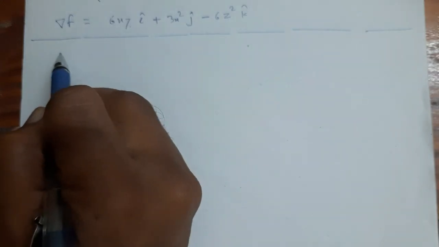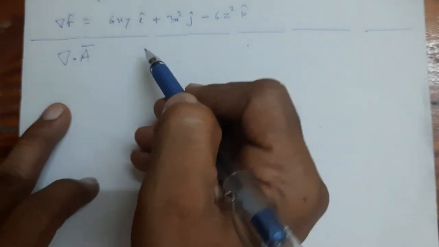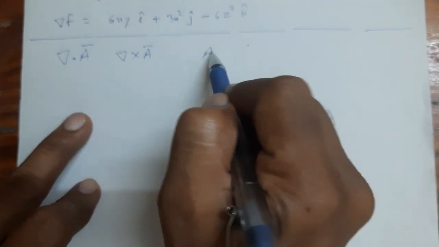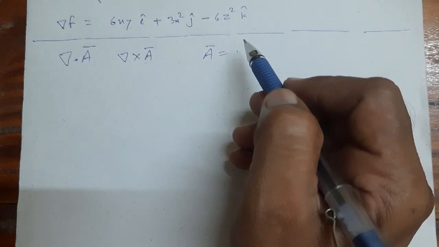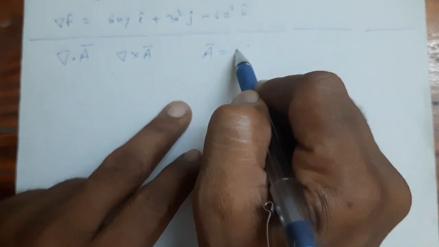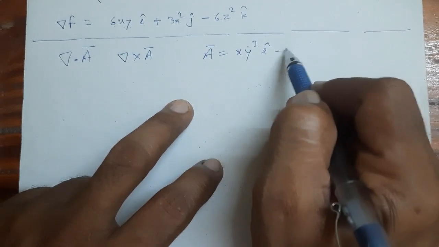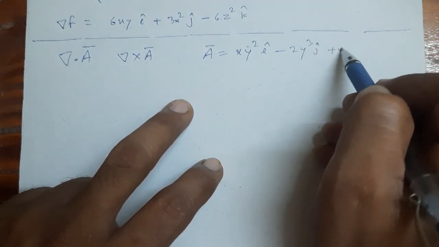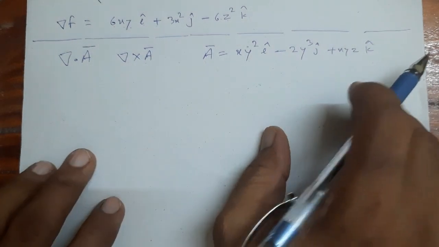Now for moving further, what we will have to do? We will have to think about the divergence of vector function a bar and curl of a vector function a bar, with a bar equal to, I will consider the same function which we discussed last time. It is xy square i cap minus 2y cube j cap plus xyz k cap. This is our vector function.